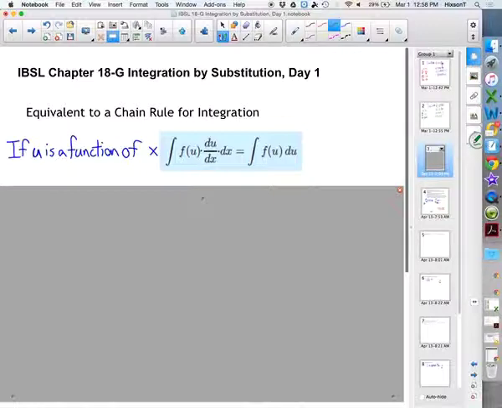And notice here, the dx's would cancel out, right? That's how we end up with just du. Okay? The key here is, though, you've got to have a function with a function inside of it, and then you have to have the derivative of that function with respect to x. Okay?